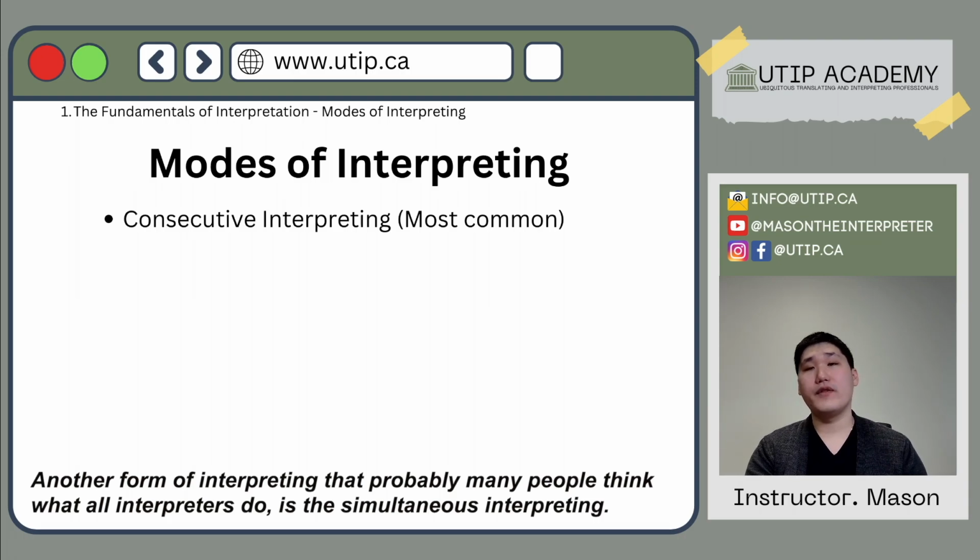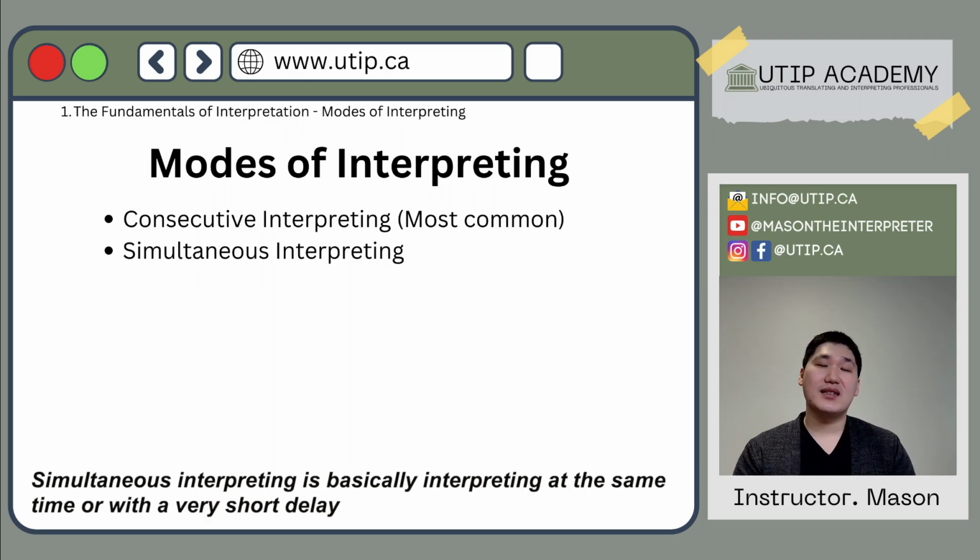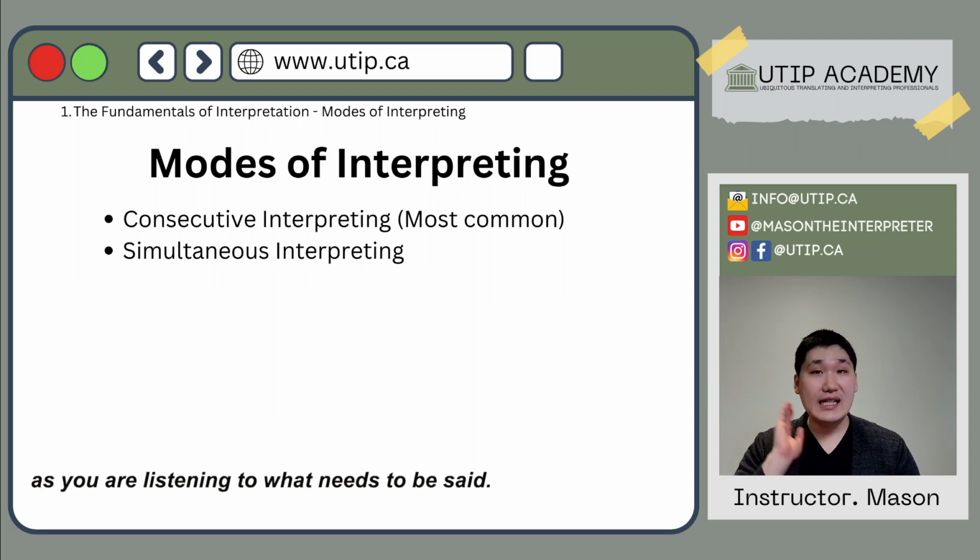Another form of interpreting that probably many people think is what all interpreters do is simultaneous interpreting. Simultaneous interpreting is basically interpreting at the same time or with a very short delay as you are listening to what needs to be said.